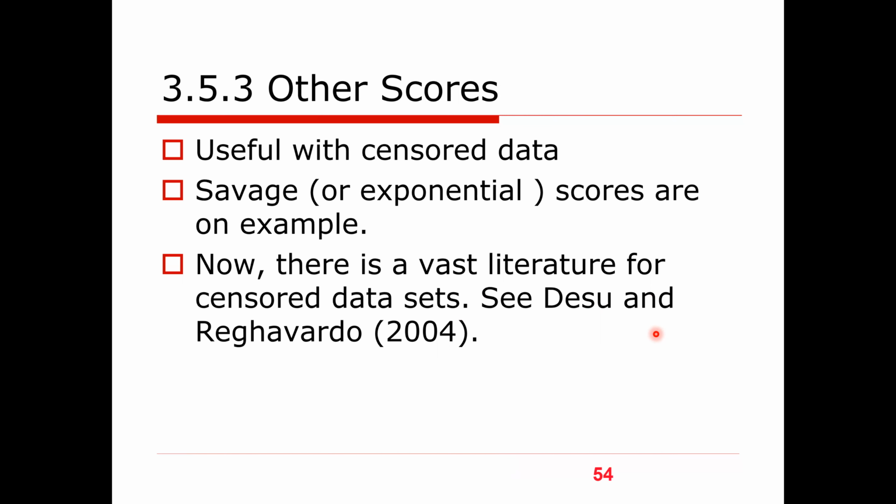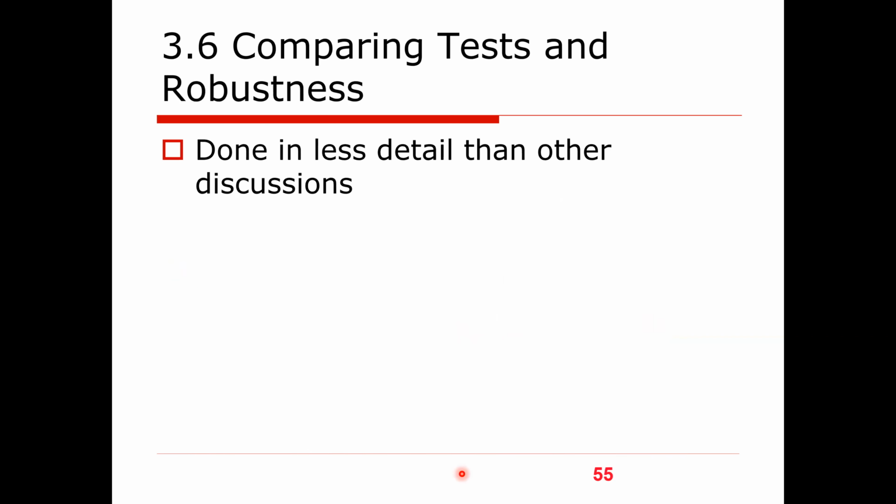Therefore, the data is censored. This is a good thing, but it causes some trouble in statistics. We have other scores for other distributions, such as Savage scores, and that's for the exponential distribution, so we sometimes call it exponential scores. Savage is actually a man's name.